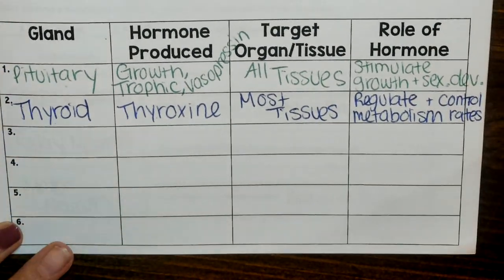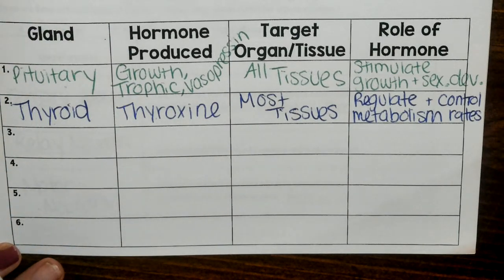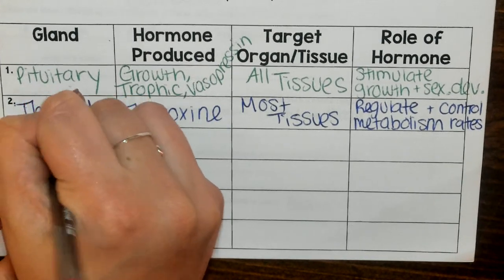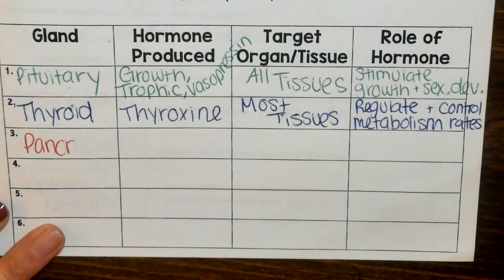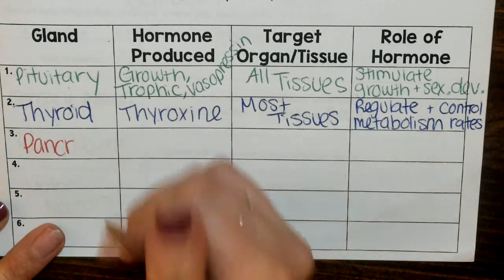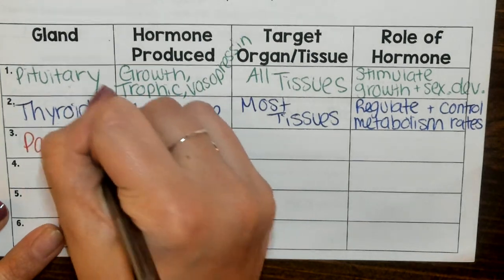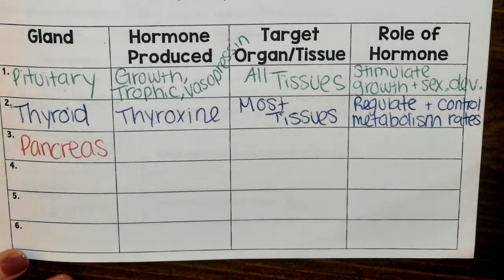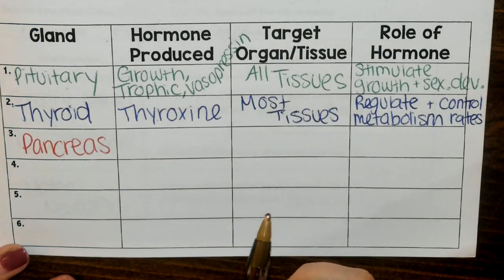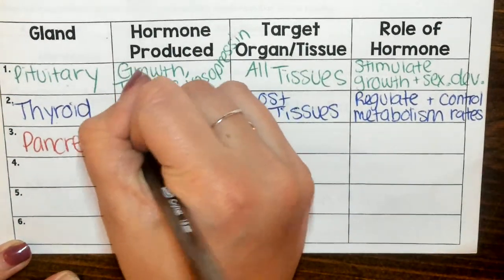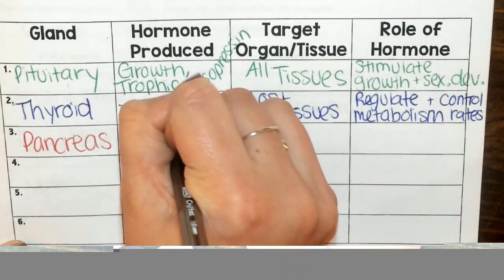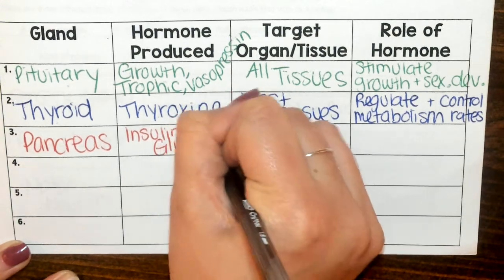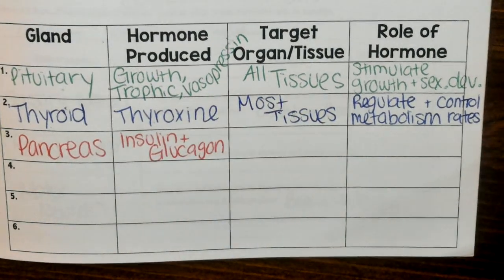Okay. The next gland we're going to talk about is the pancreas. Oh, I'm sorry. I'm going a little out of order, but that's okay. We'll talk about the pancreas. The pancreas produces insulin and glucagon. Sounds like the name of a superhero. I am Glucagon.